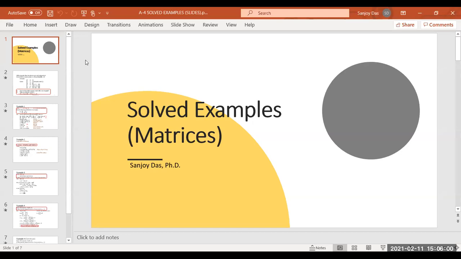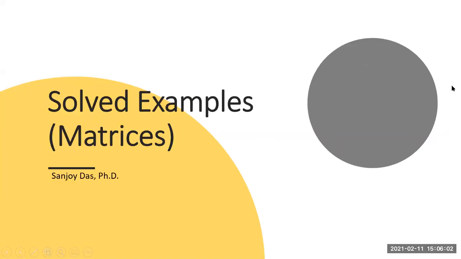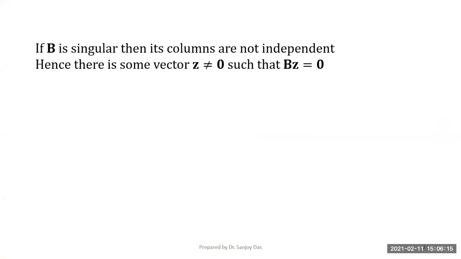Okay, so we'll look at four examples, not just a couple, to help you do the homework that I have given. Before we begin with the first example, note that if B is a singular square matrix, then its columns are not independent.